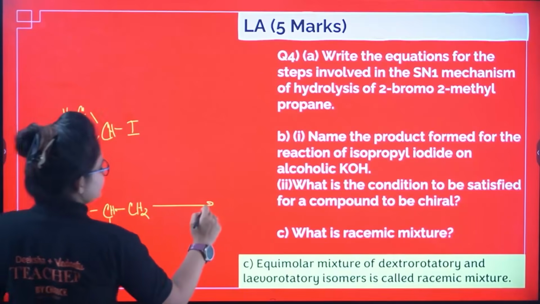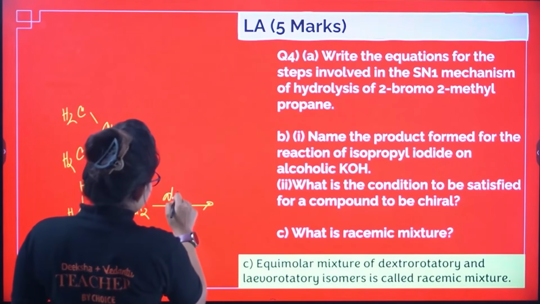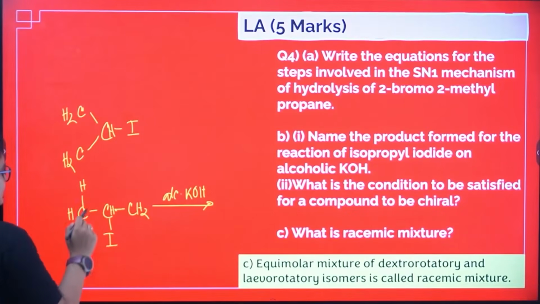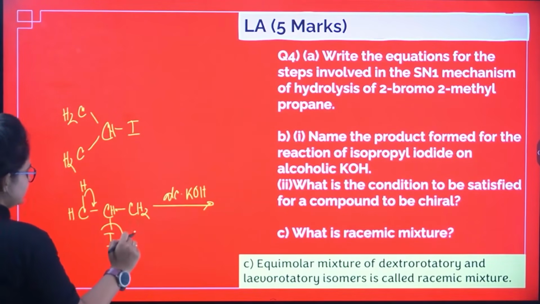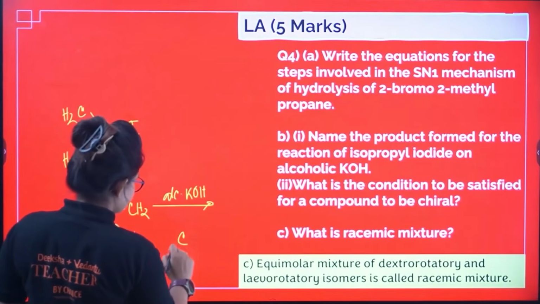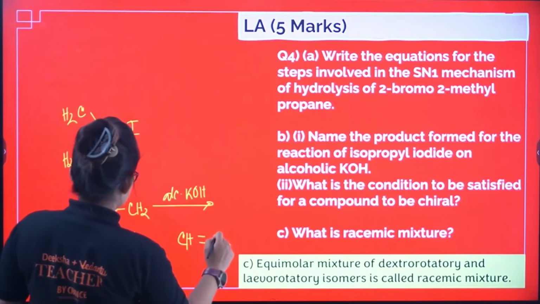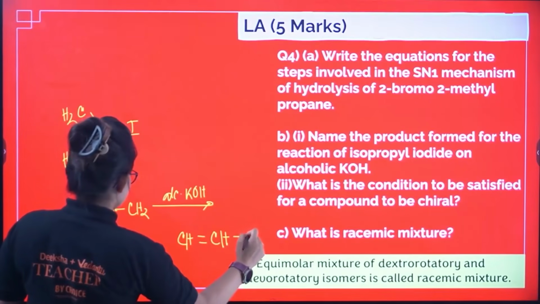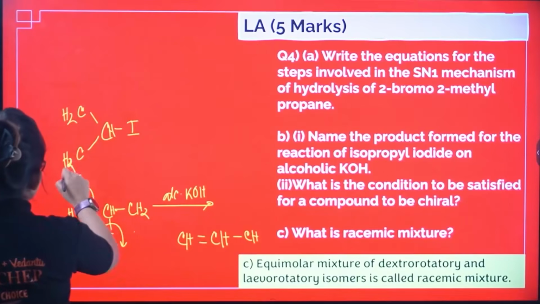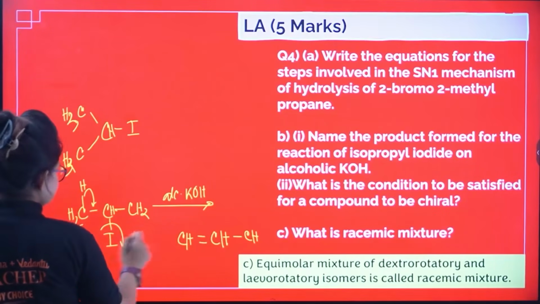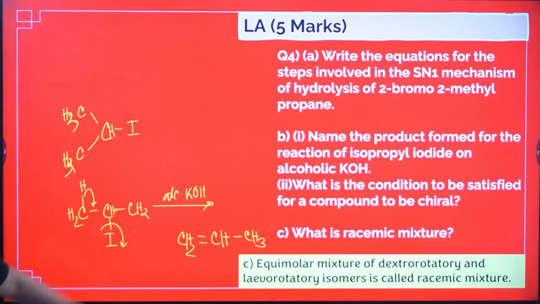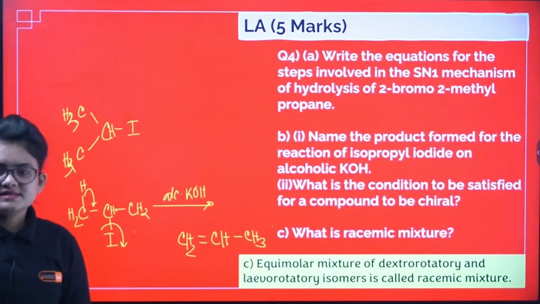In presence of alcoholic KOH, it will undergo beta elimination or dehydrohalogenation. So this will jump here, this will be removed. So you will get CH2=CH-CH3. You will end up with propene. Okay, I guess it's clear to you.